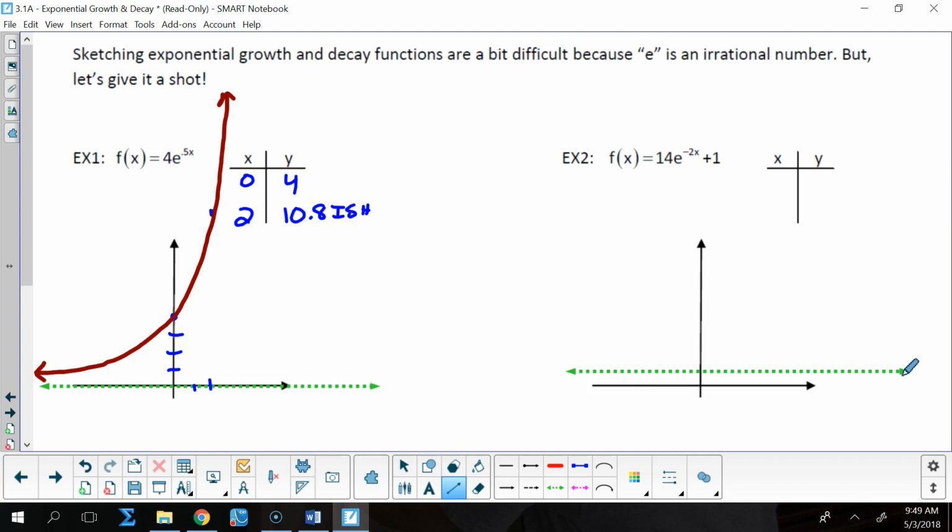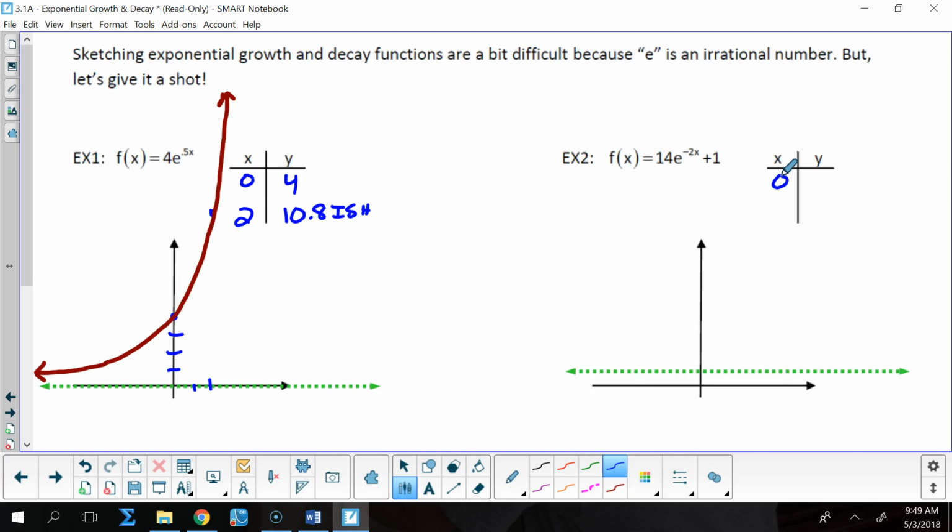What x value will make my exponent be 0? 0 is going to make my exponent be 0. That might not always be the case, but in these two examples it was. There might be a negative 2x plus 3 in there too, and then you have to adjust it.